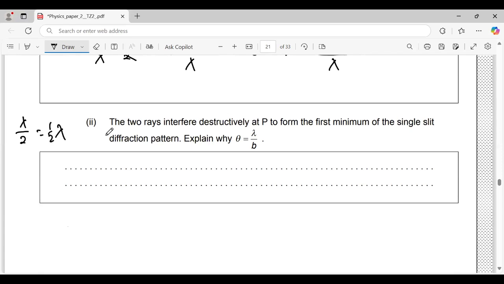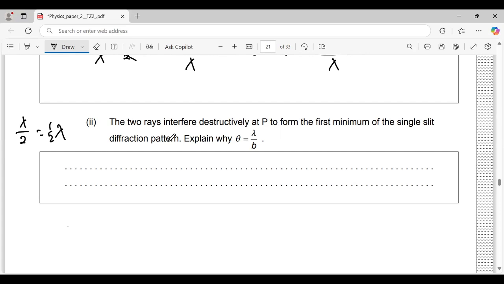For a single slit diffraction, destructive interference at the first minimum happens when the path difference between two rays is equal to one wavelength.